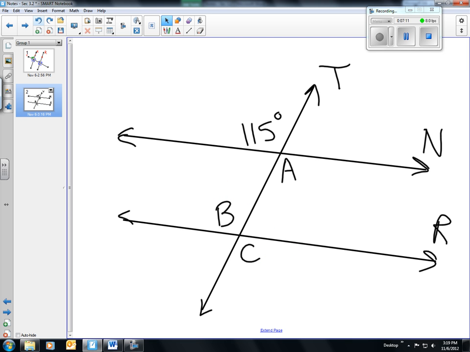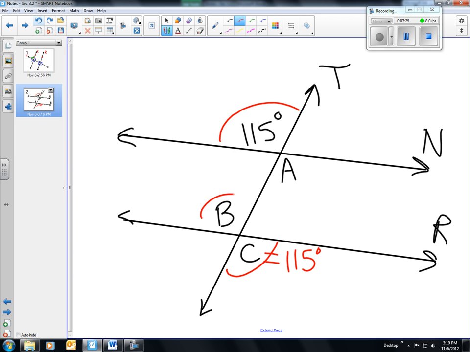Another strategy might be that you can start off with the alternate exterior angles theorem. So here, angle 115 and angle C are alternate exterior angles. So we know that they're going to be congruent by that theorem. Okay. Then by vertical angles, you could say that angles B and C are congruent. So we know 115 there.